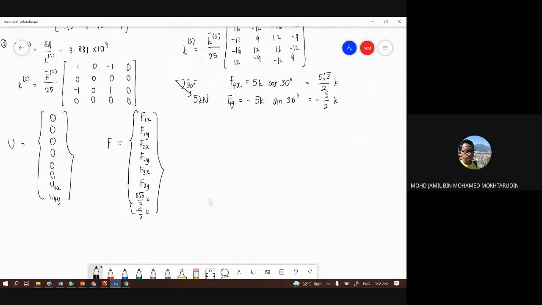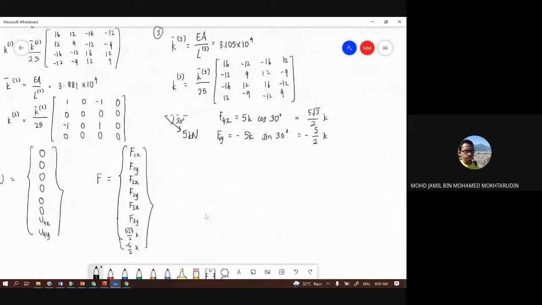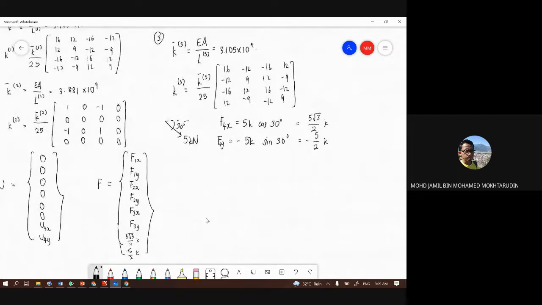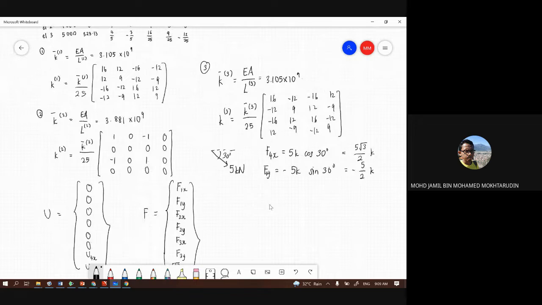So we can just construct the matrix for the last two rows. Okay, you can construct the global stiffness matrix, or you can just construct the matrix of the last two rows.